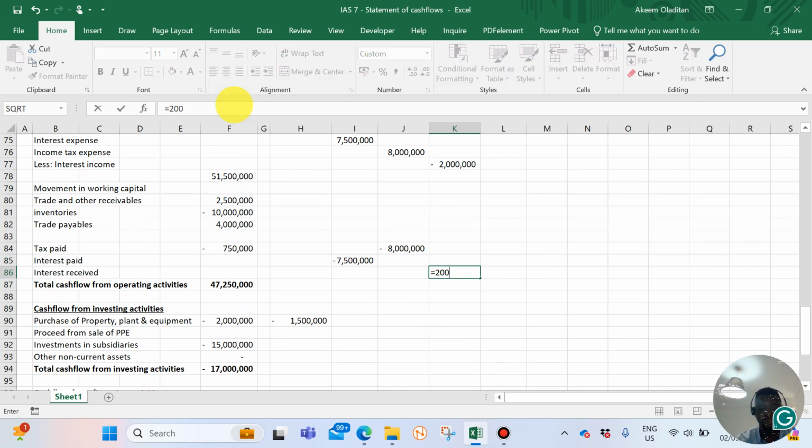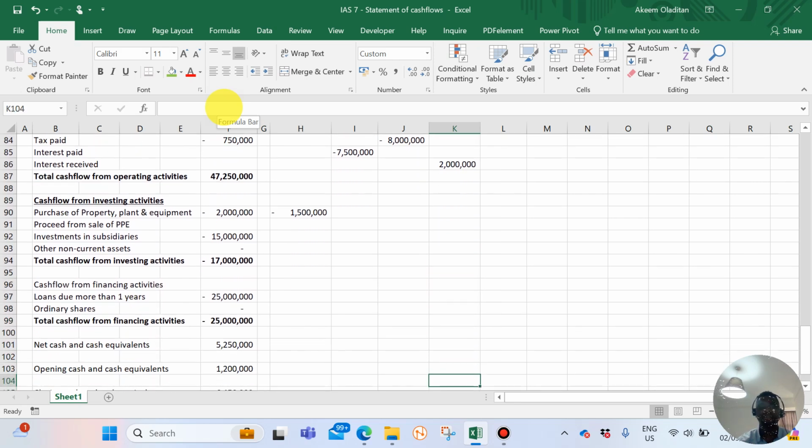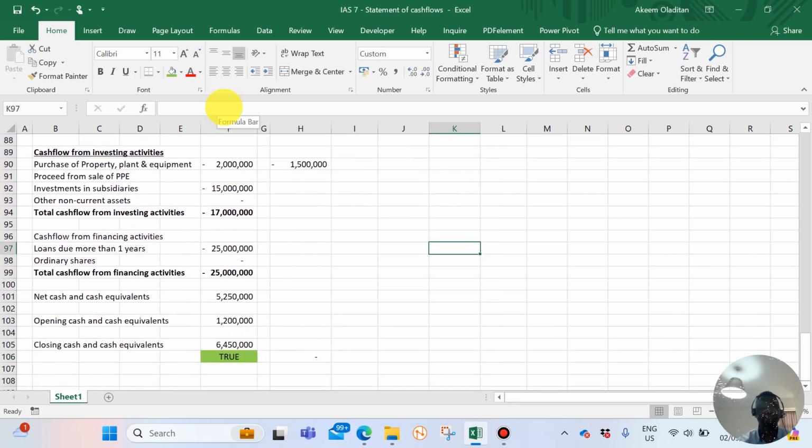Now we're putting it back here, interest received. There are more other complicated questions, but this one is a very straightforward one, so we can make those adjustments easily without impacting other aspects.